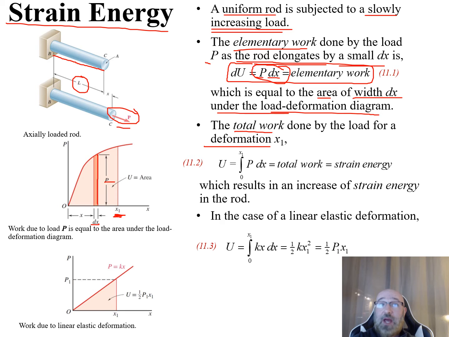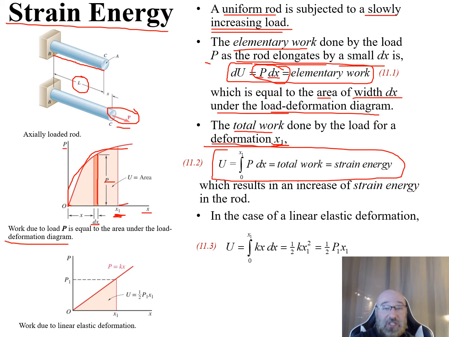The governing equation is that U, the complete area under this curve from our point O all the way out to this deformation x1, under our P-x curve, also our load deformation diagram, is equal to the integral from 0 to x1 of P dx. This is the total work, also known as our strain energy, because this results from the increase of the strain energy in the rod.